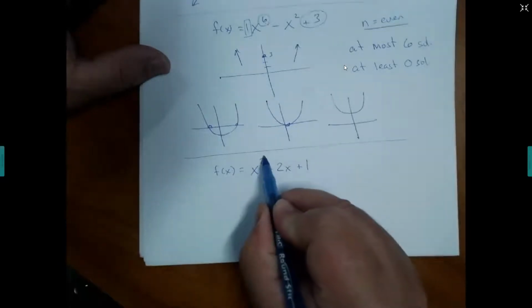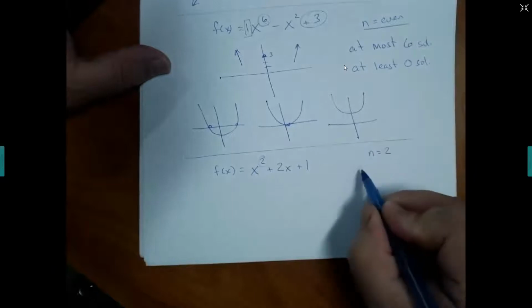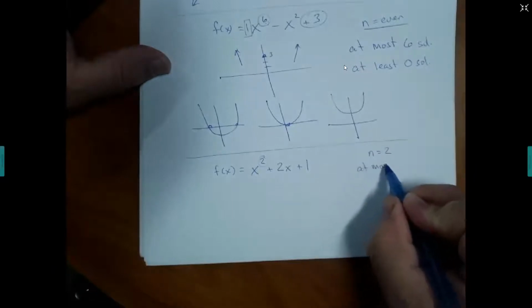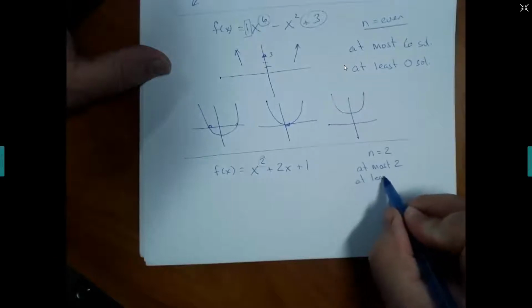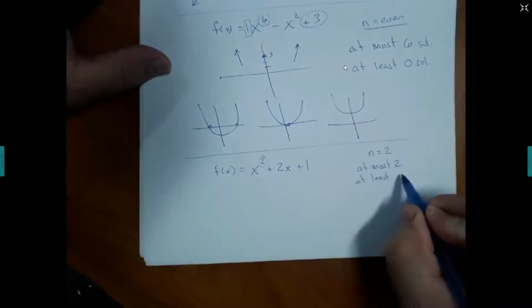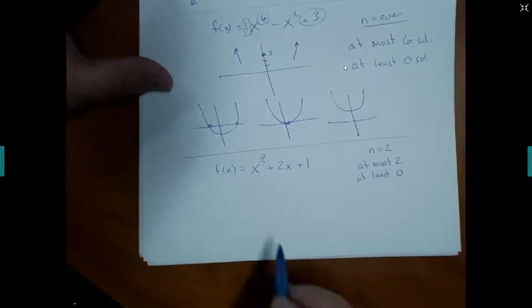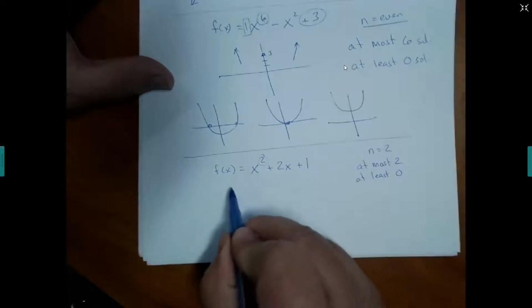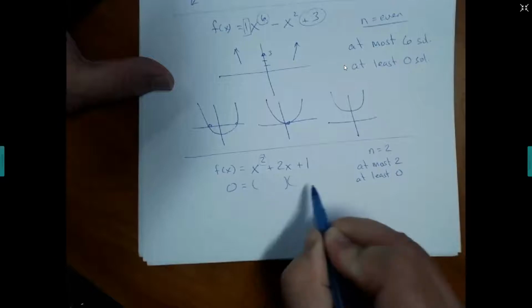Here it says since n is even, we can have at most 2, at least 0 x-intercepts. So the way we figure this out, we set the equation equal to 0. We have to factor this equation.